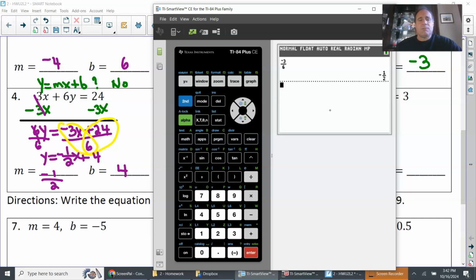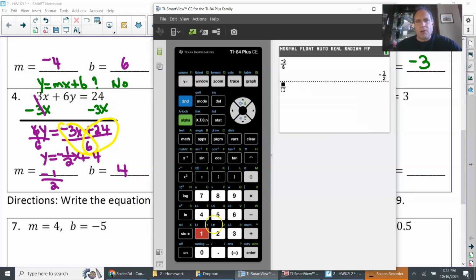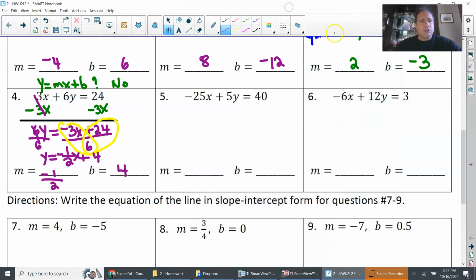Making no mistakes whatsoever. Just put the fraction in. Remember, you have to press either alpha x. If you have the older one, it's alpha y, and then you press the 1 symbol. It's negative 3, and then you press down, over 6, and then you press enter, and the calculator will give you the reduced form of the fraction that you put in. All right, so that's negative a half and 4.